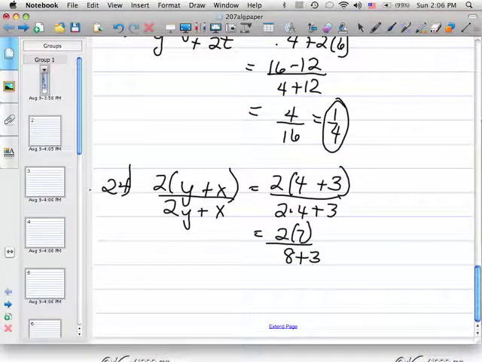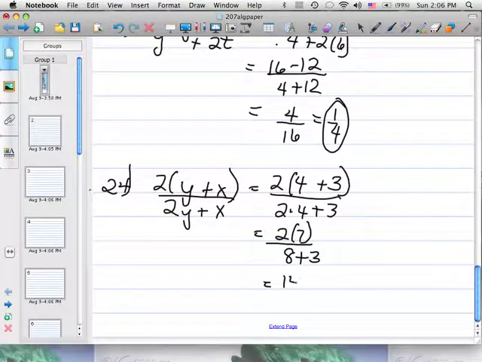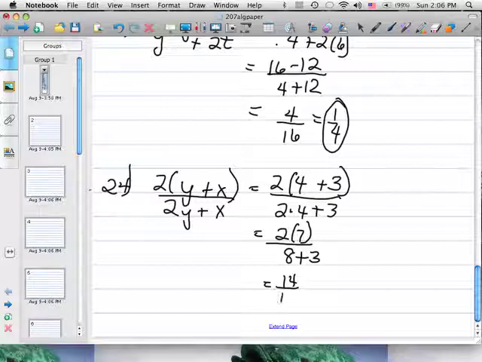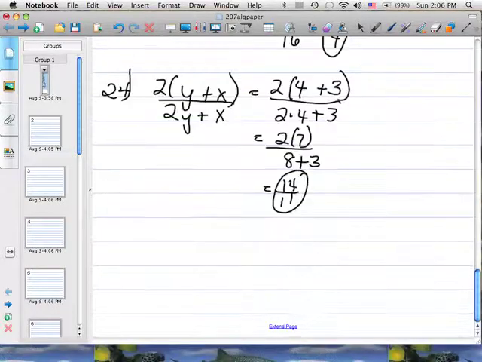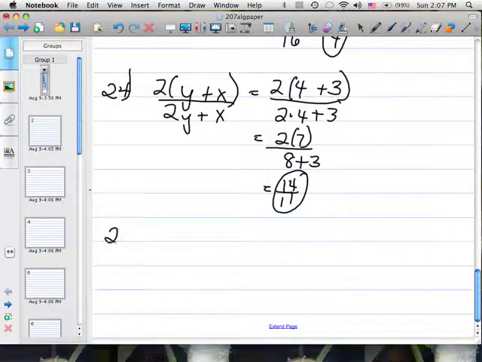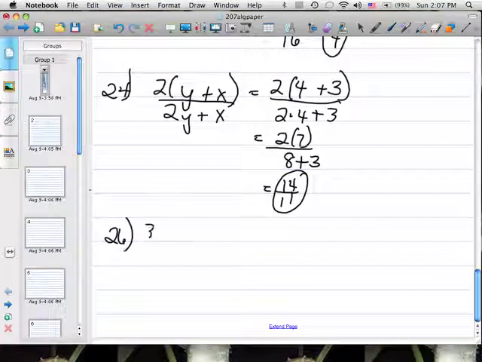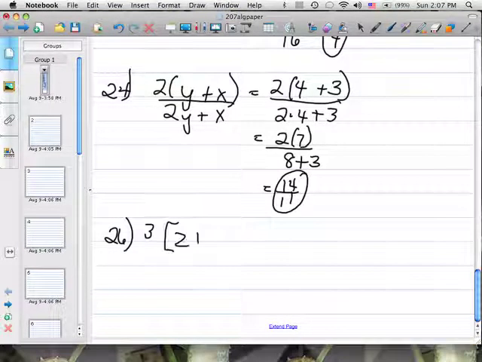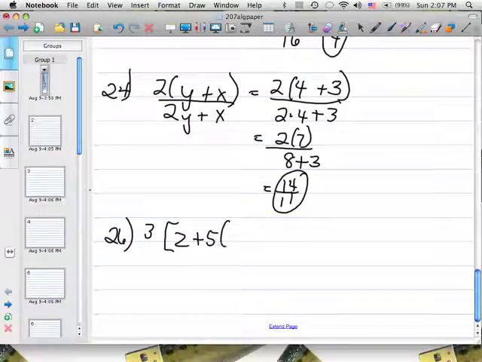Doing the numerator first, 4 times 4 is 16. 2 times 6 is 12. On the bottom, doing the multiplication here, we get 4 plus 12. 16 minus 12 is 4, and 4 plus 12 is 16. Simplify the fraction, we have 1/4.